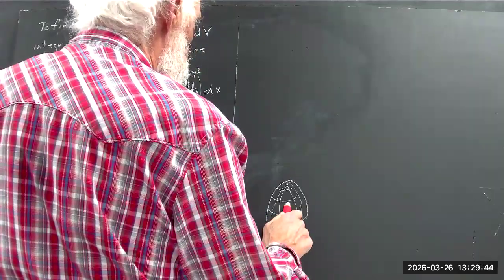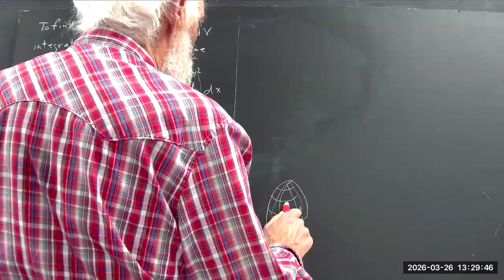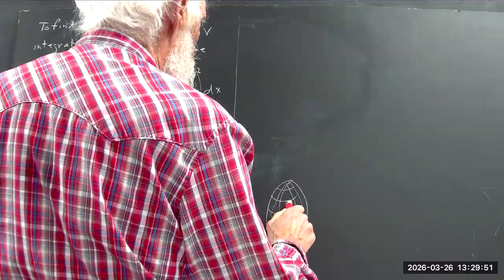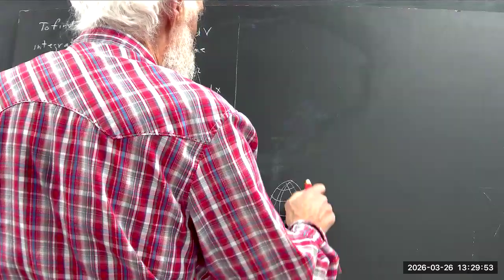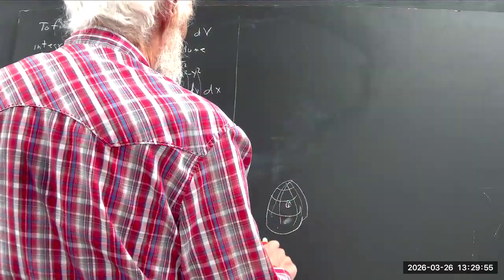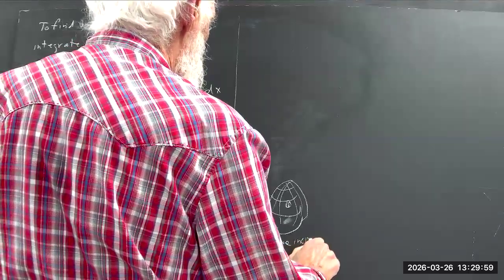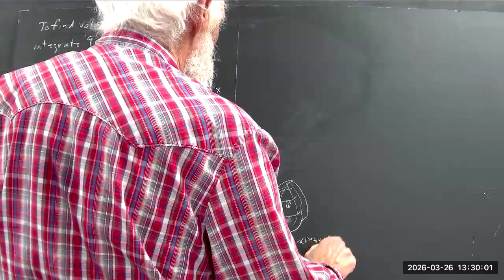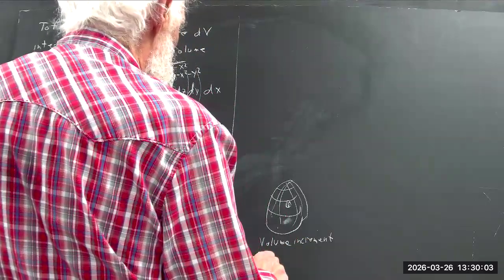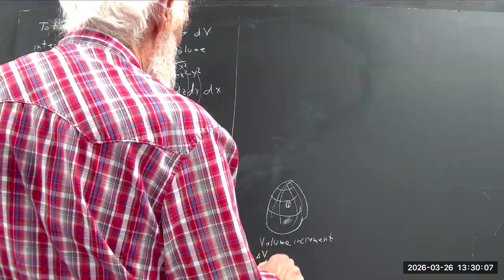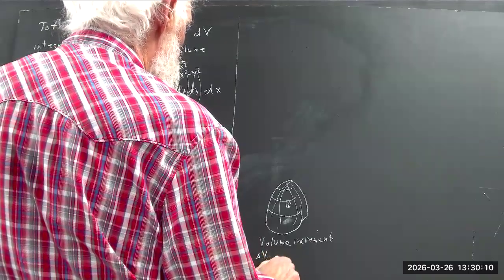Well, let's not even do that. Let's just take a typical volume increment somewhere within this solid. It's delta V IJK.